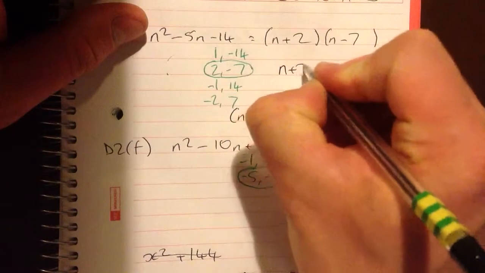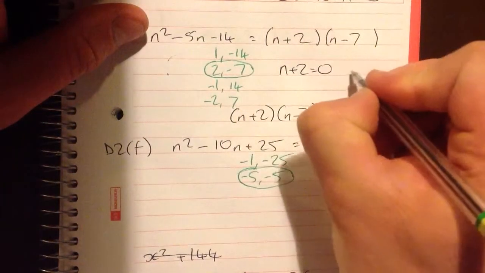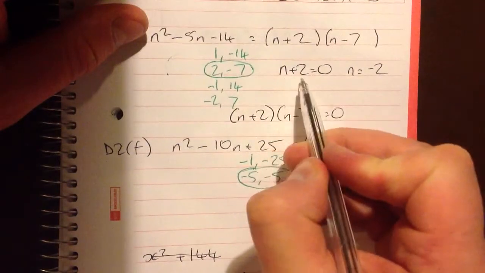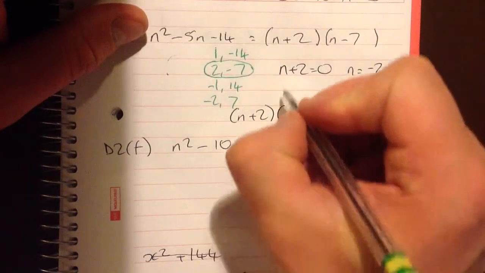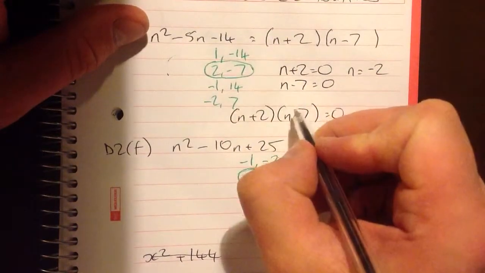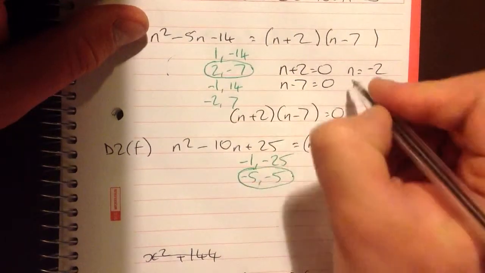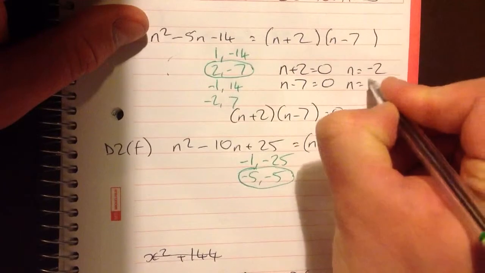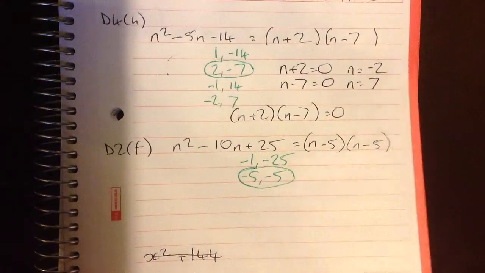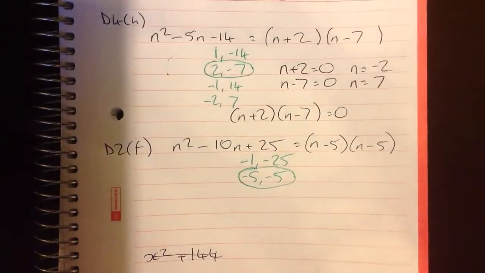So if n plus 2 equals 0, then n must equal minus 2, because minus 2 plus 2 is nothing. And if n minus 7 equals 0, then n must equal 7, because 7 minus 7 equals 0. So n equals 7. There are two solutions for that set of brackets, for that equation.